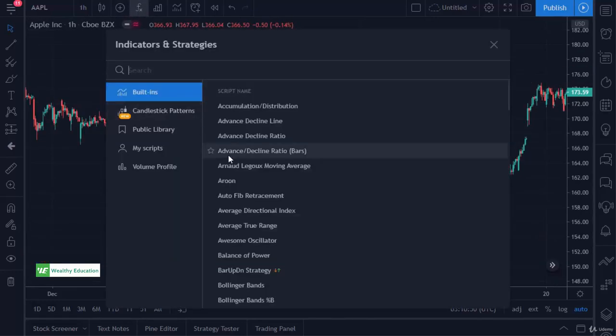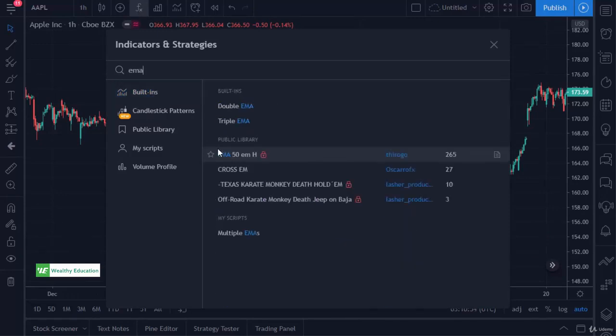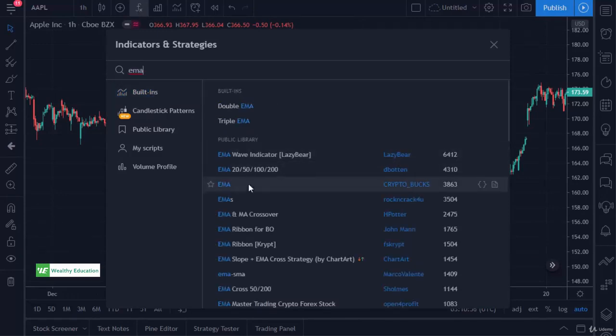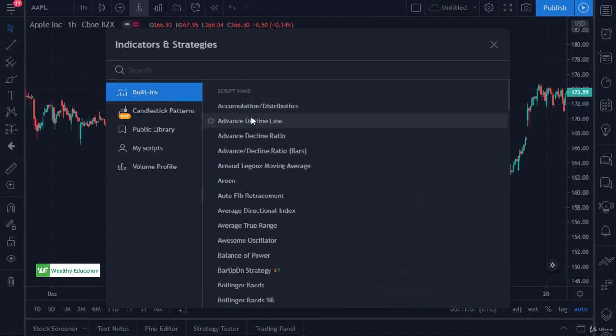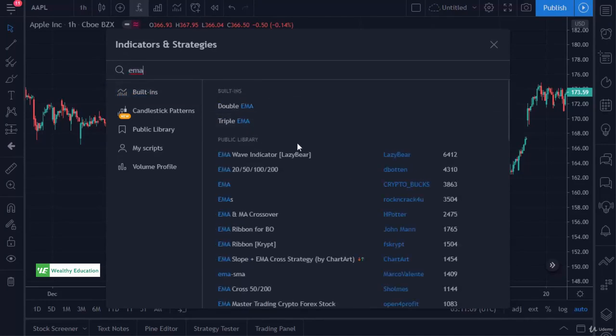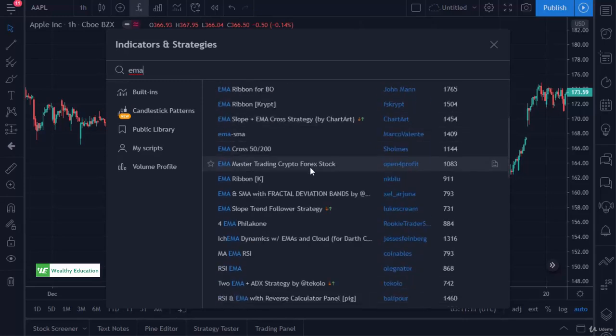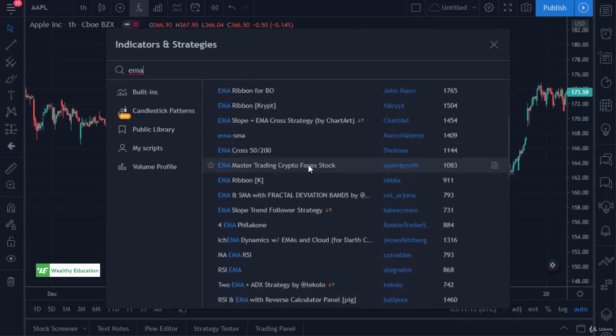You also could have, of course, used an EMA. Obviously, that could have been a straightforward way to take care of whether or not you are with the right trend.